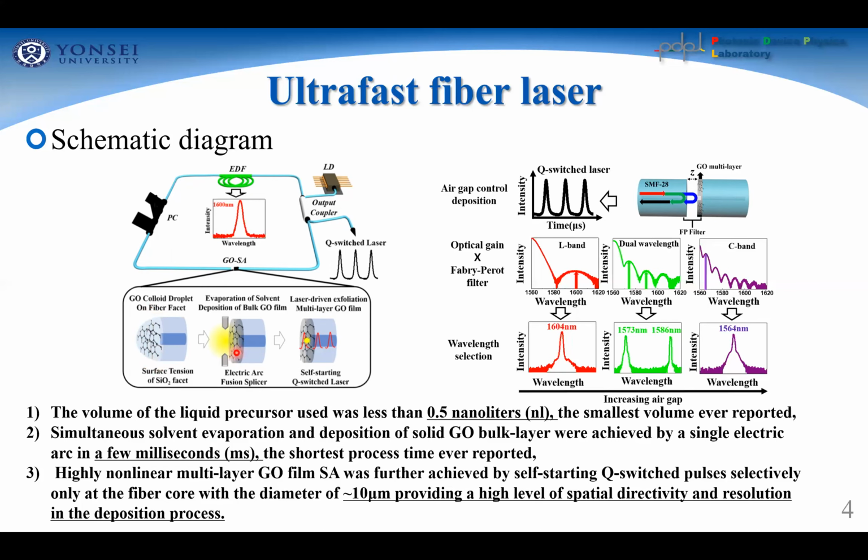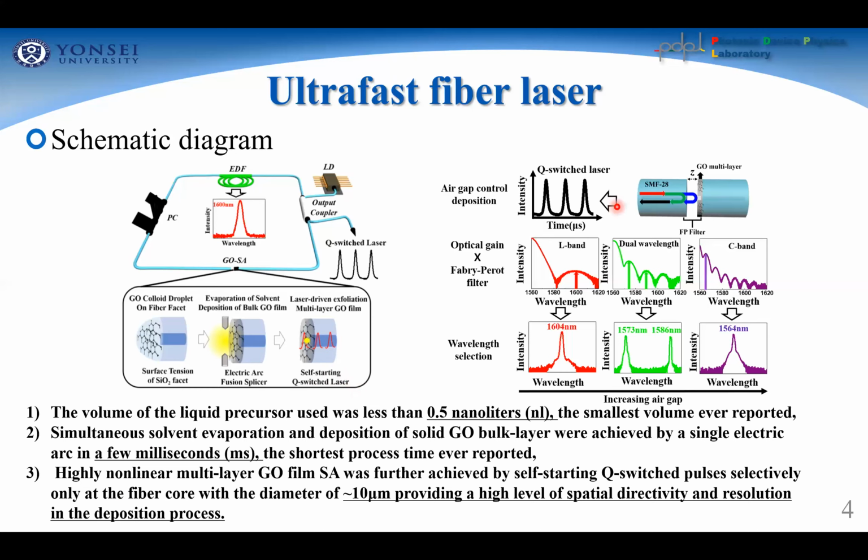After that, we apply an electrical arc by using the fusion splicer. The fusion splicer arc makes a thick film of the graphene oxide. Finally, we use the laser ring cavity and laser-driven self-assembly, and we can make very short pulse lasers, which are Q-switching lasers.